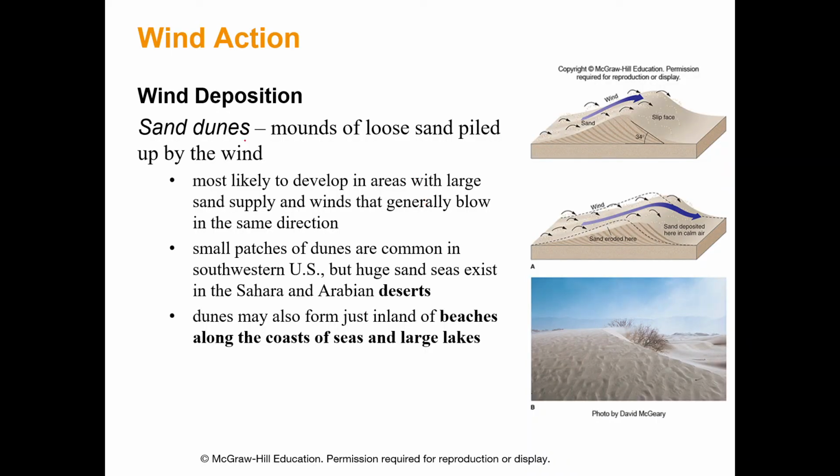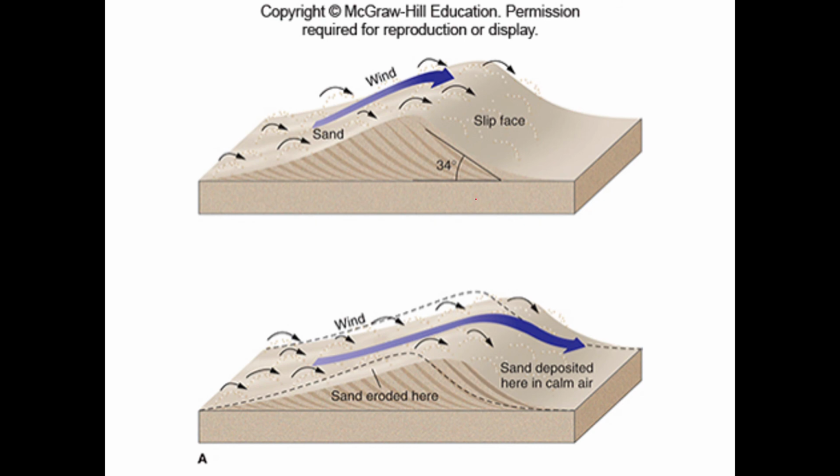Also, with wind deposition, we get sand dunes. So you can go to the beach, you can go to deserts, and where there's sand, we will find sand dunes. And these sand dunes will actually create their own sedimentary structure. We've looked at them before. Do you remember what they are?